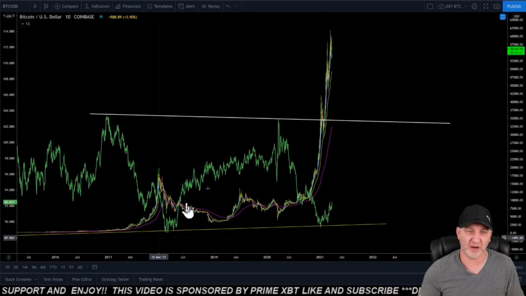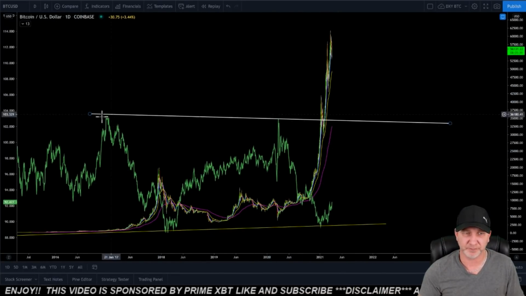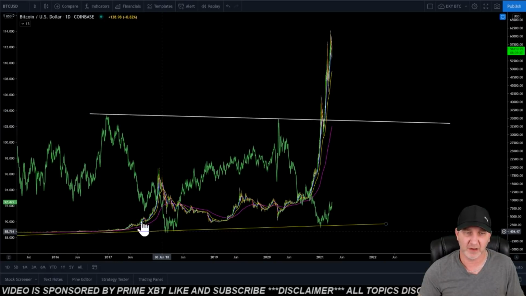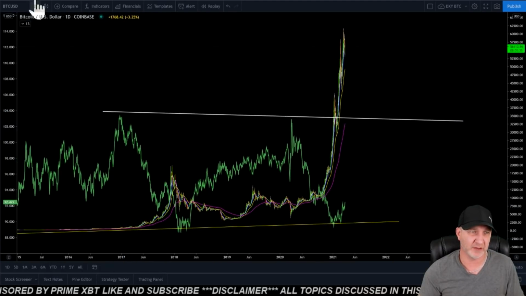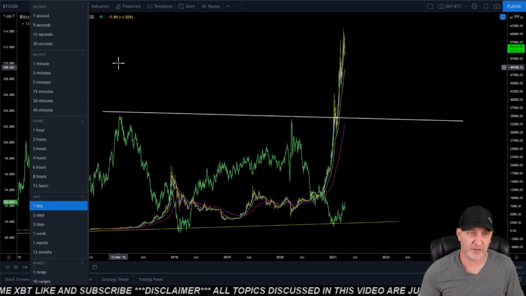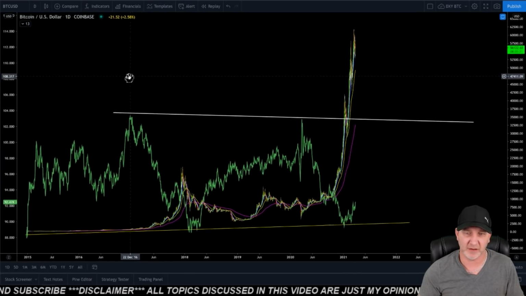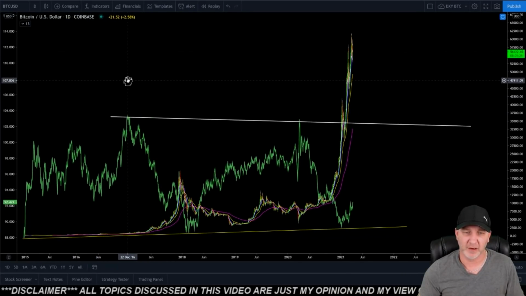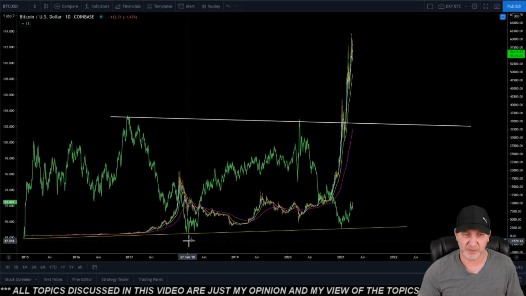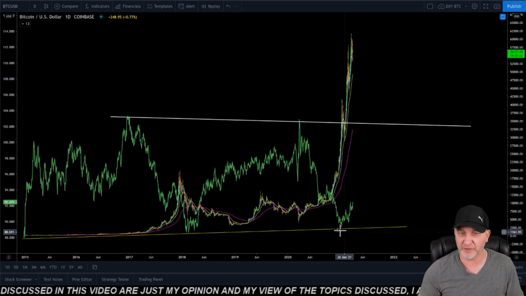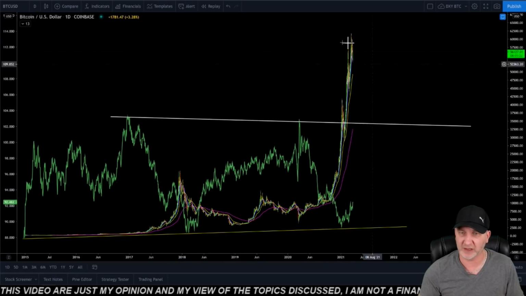And this is the dollar overlaid on the Bitcoin chart. As you can see, this bottom trend, we could say it pretty good on the daily. So anyways, every time we touch bottom on this trend line for the dollar, Bitcoin is at or near its top.